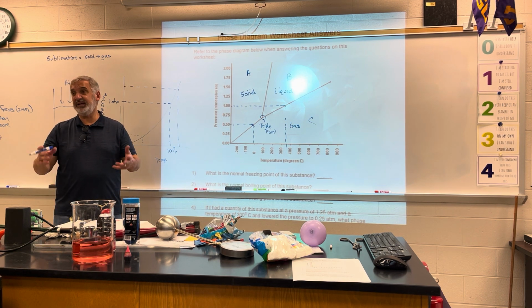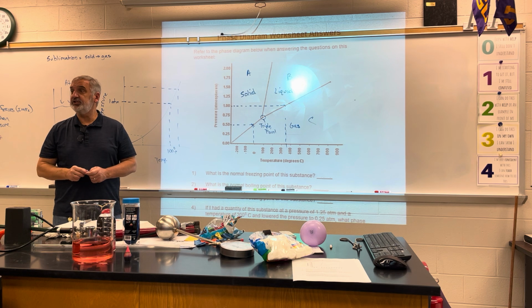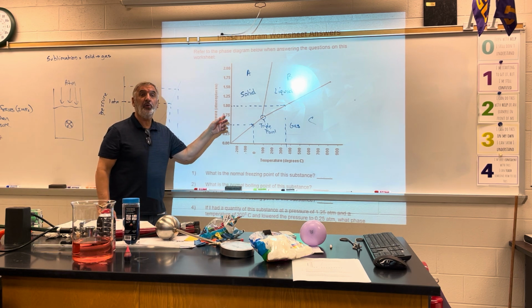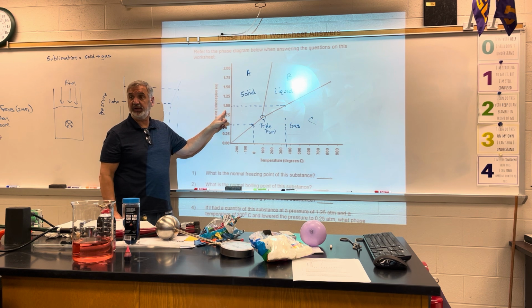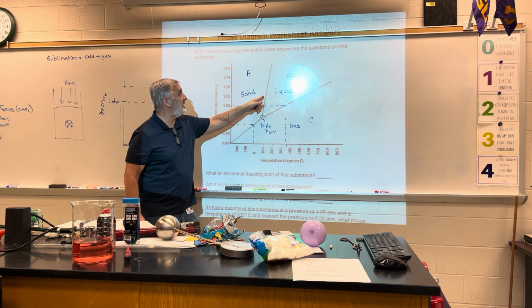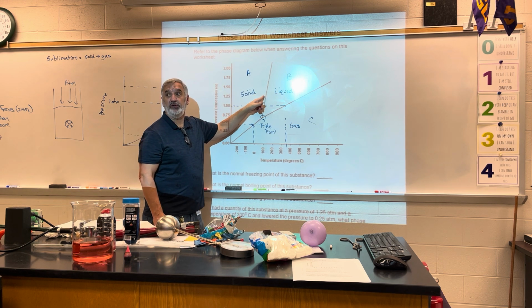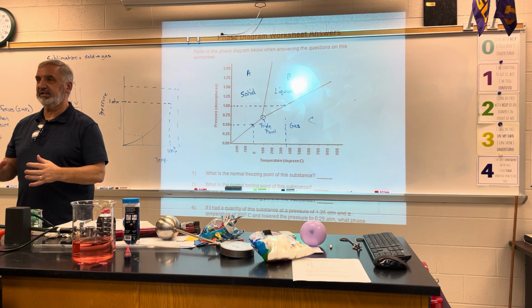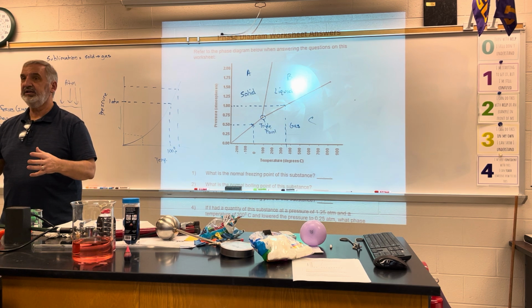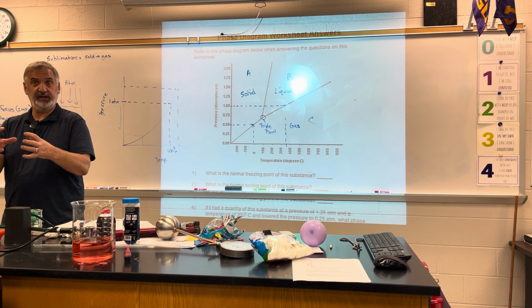Just again, ballpark. But we always say the normal boiling point, the normal freezing point, is when the pressure is at 1 atmosphere, because that's our normal atmospheric pressure. So this is going to be the equilibrium, this is when it's going to melt. Now notice, what happens to most substances when they freeze? Do they contract or expand? Contract. Water's an exception, right?